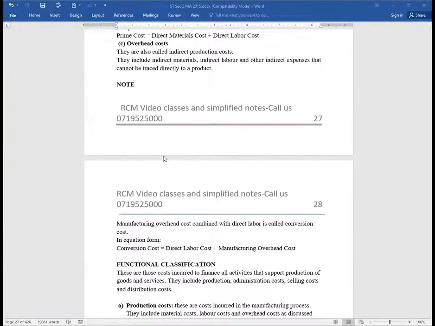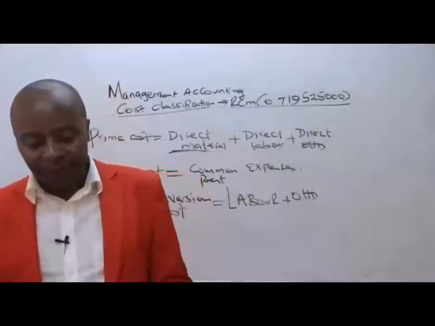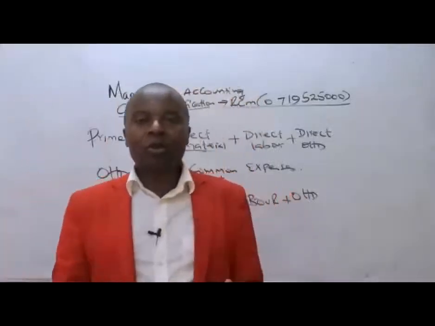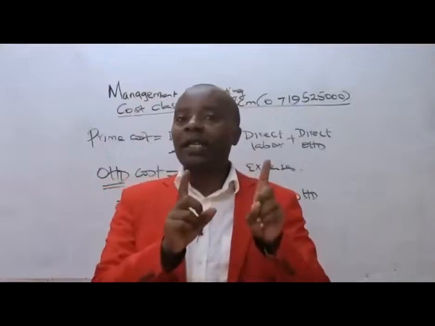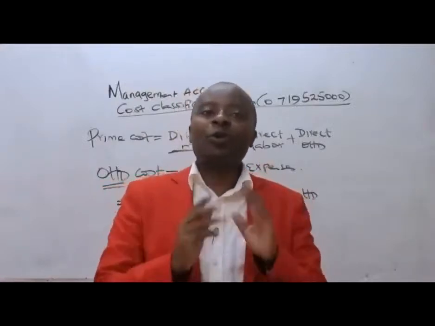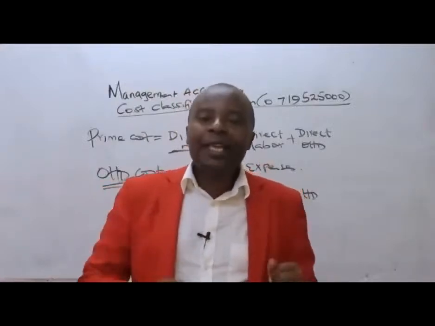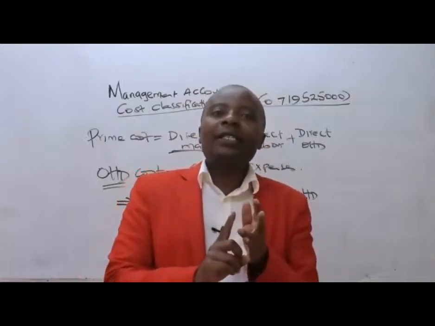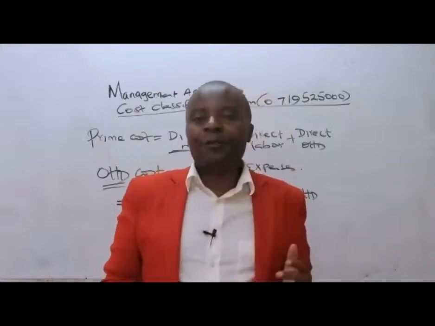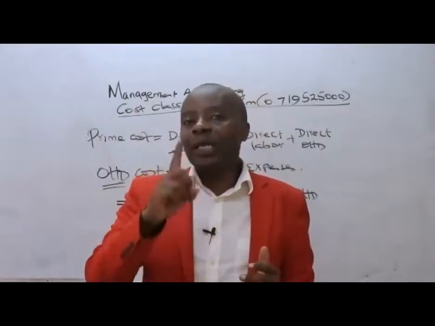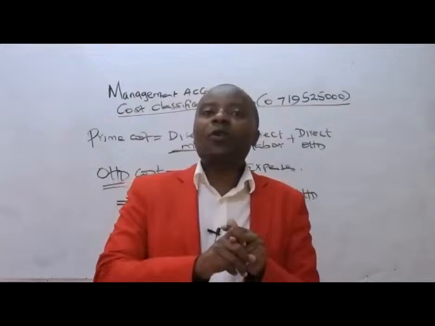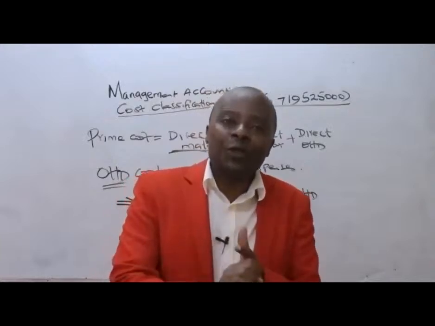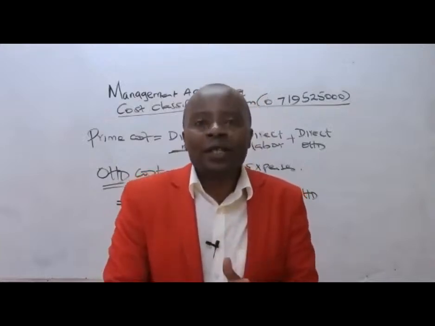We want to put this clearly again in a way that all of us should be able to understand. Manufacturing costs are those costs that are directly attributable to the units that we produce. And mostly, they are the direct labor and the direct materials.